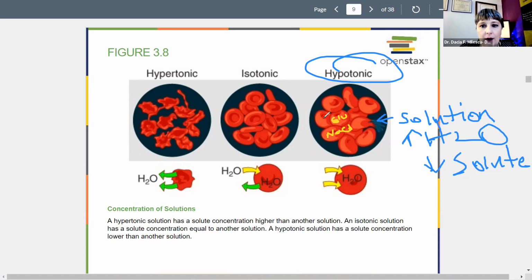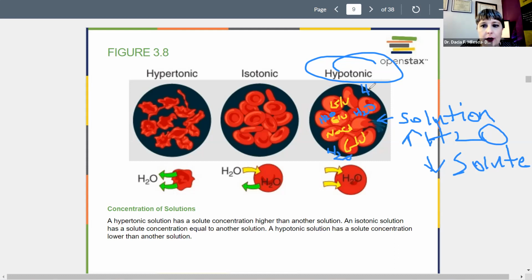But not a lot of water. So let me draw that in blue. I'm going to only put, say, 2 water molecules, but I'll put a lot more solute, which is going to be yellow. And then we're going to put in blue lots and lots of water in the solution, not a lot of solute.